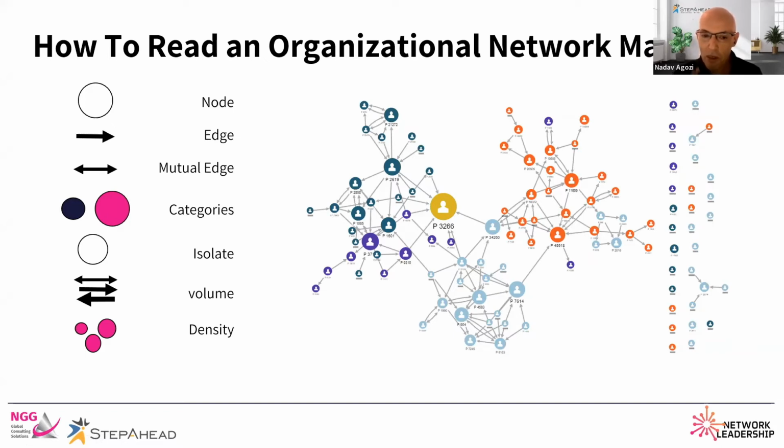Now, the value of the connection is also important, because it could be that I've just had one email with the person, or I could be exchanging emails with this guy, I don't know, 20 times a day. So it's two different values of connections. These values are represented by how thick or thin the arrows are. So the more connection you have, the thicker they are.